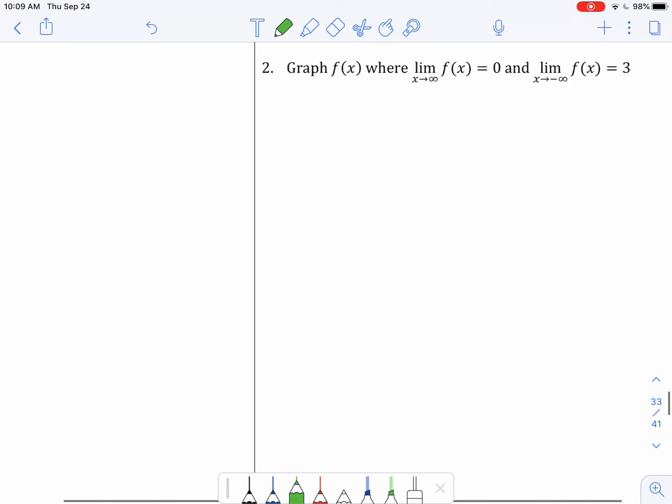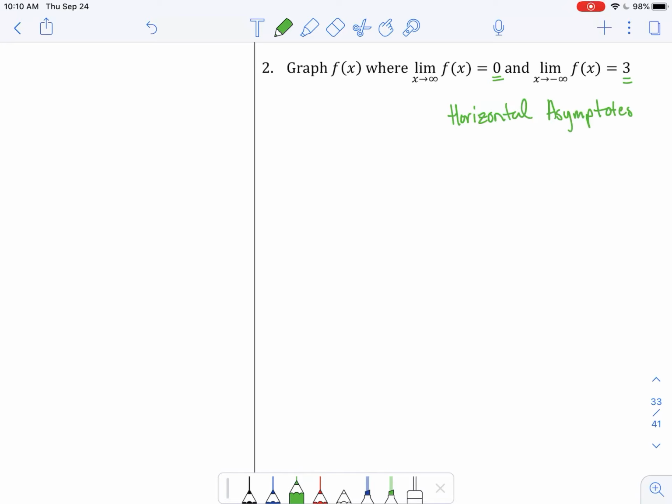Now another type of question would be something like, can we graph a function where the limit as x approaches positive infinity equals 0 and as it approaches negative infinity equals 3? Now, we have two numbers. It's not equal to positive or negative infinity, so that means that we have horizontal asymptotes.